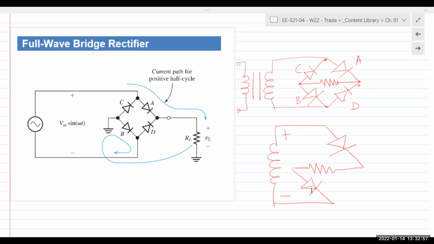When they're on, the current flows in this direction. And so through the load resistor, the current's again going from right to left, with regards to the schematic. So positive half cycle, this is what happens. You got diodes A and B both on. In the negative half cycle, the polarity reverses.